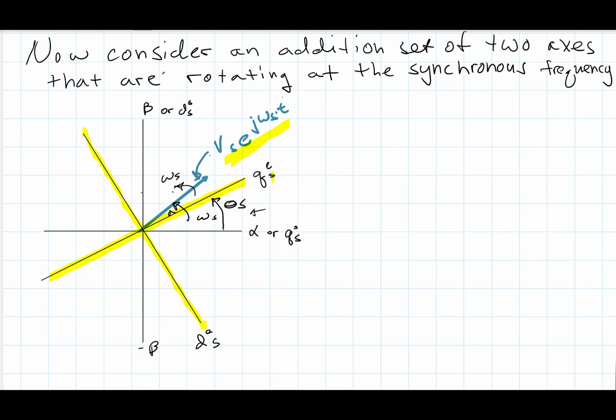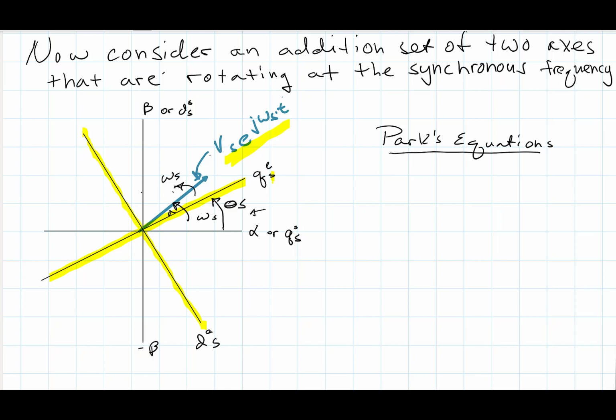And we're going to get another set of equations called Park's equations. You hear people talk about Park's and Clark's equations. The DSP for my drive does Park and Clark. What it's doing is rotating things into these axes.